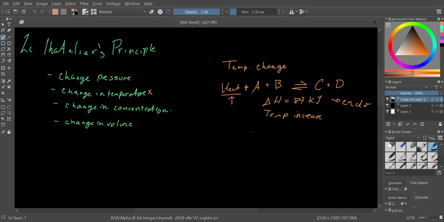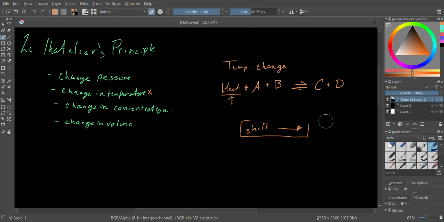So then therefore we would have a shift to the right. So yeah, like I said, this isn't too bad. It's just a lot of rules for Le Chatelier's principle.